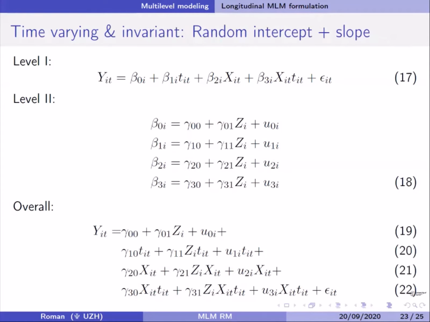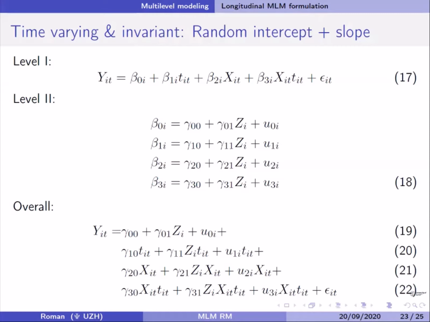Okay, so let's take it up one more size. This is what the model looks like when we have a single time-varying covariate and time-invariant covariate, okay? So here we have the interaction effect that we're interested in here at level 1, the time-varying covariate multiplied by time, right?